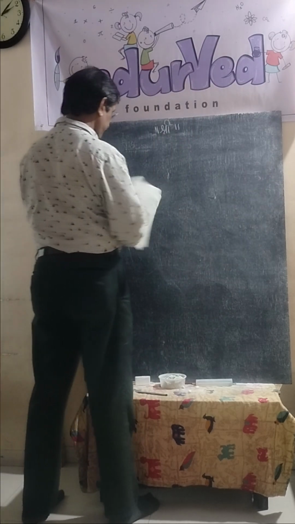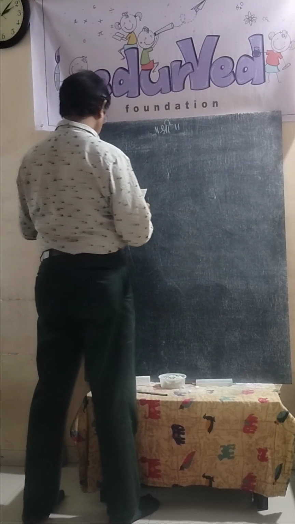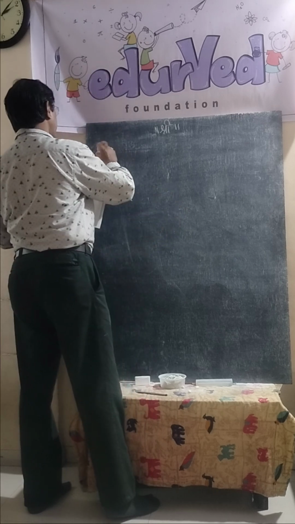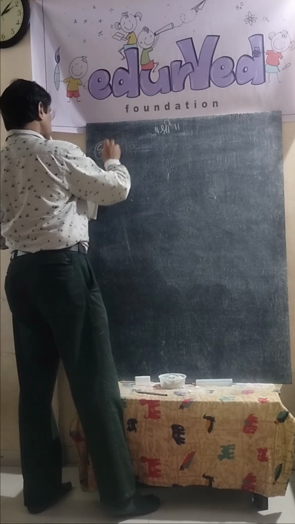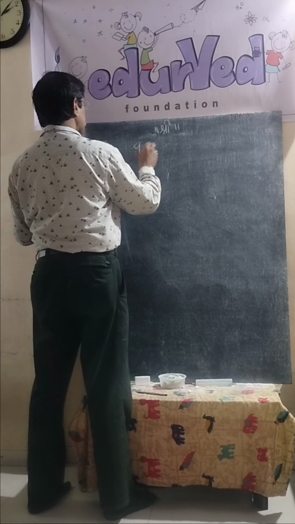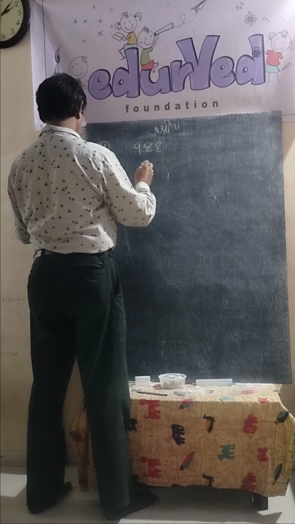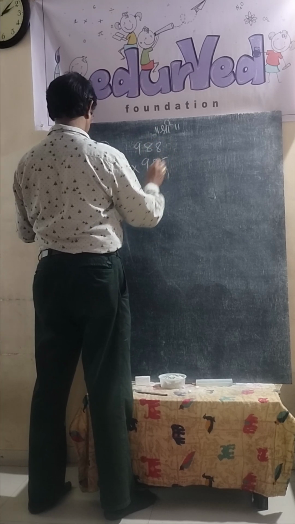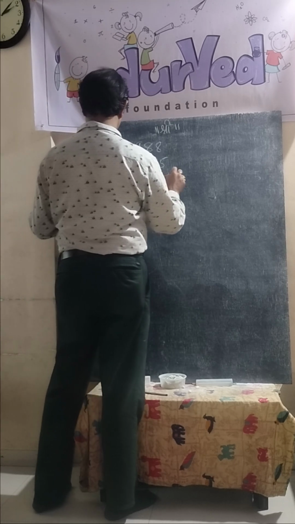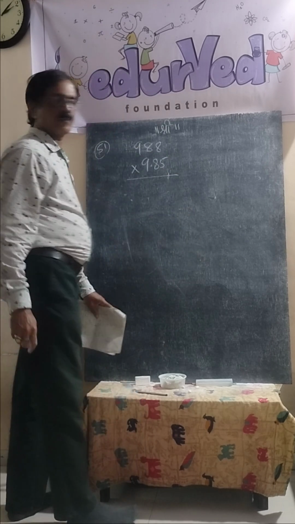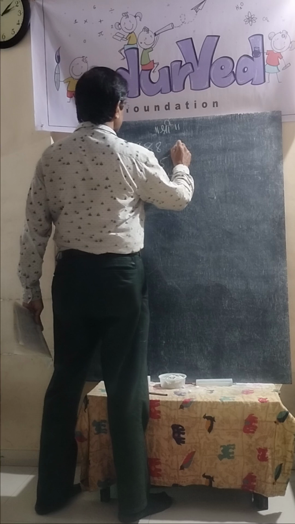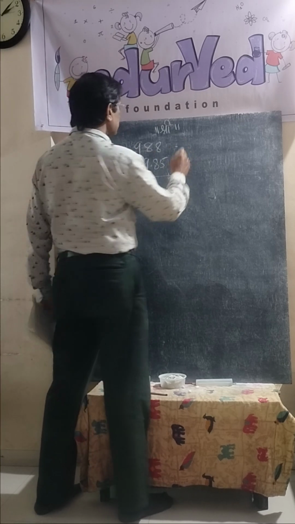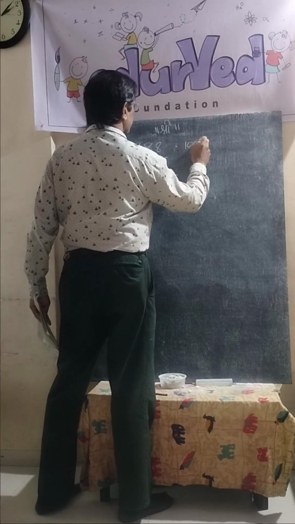Let's see sum number 51. It was 988 into 9.85. So here the base number is 1000, as this is closer to 1000.